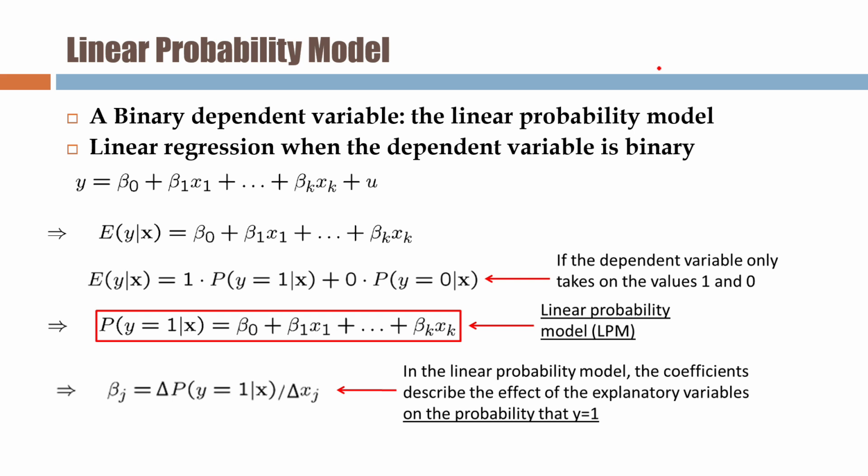Linear probability model. When there is a binary value, this chapter is about categorical variables, so binary variables. But this binary variable was an independent variable, not a dependent variable. What if y is 0 or 1? This model we call a linear probability model because your y is 0 or 1.